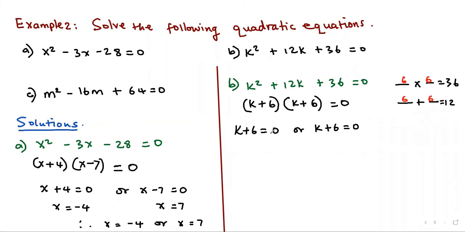Okay, so if k plus 6 equals 0, what is k? Negative 6. So it means that the value of k is negative 6. Okay, now we try together part C.